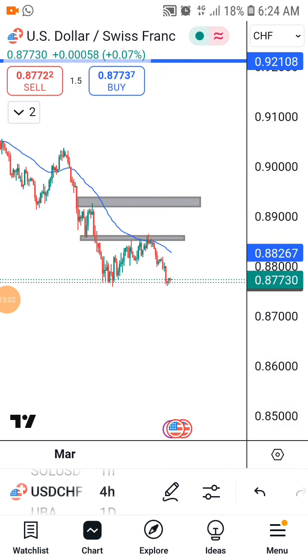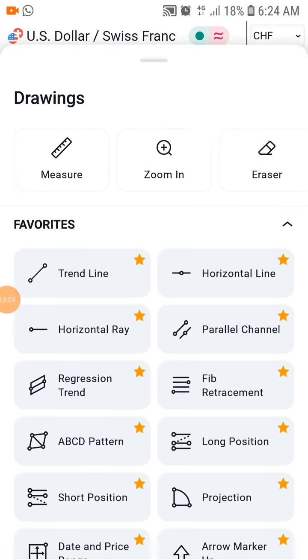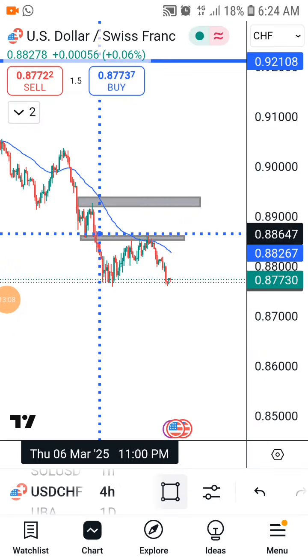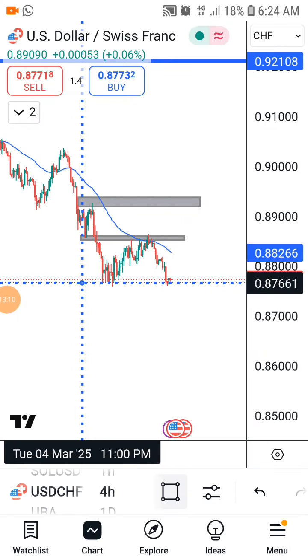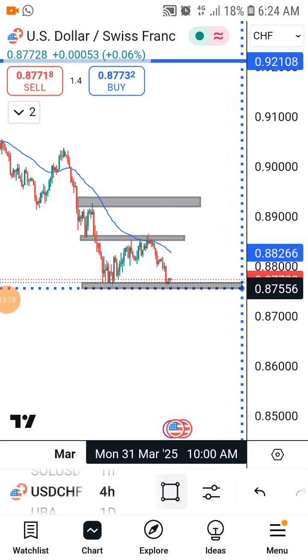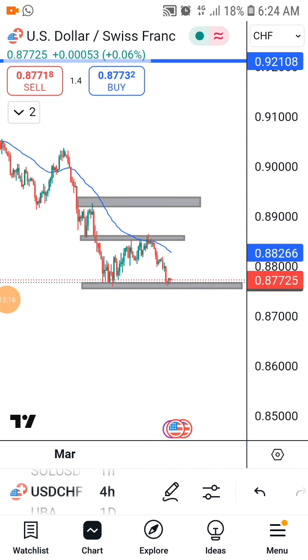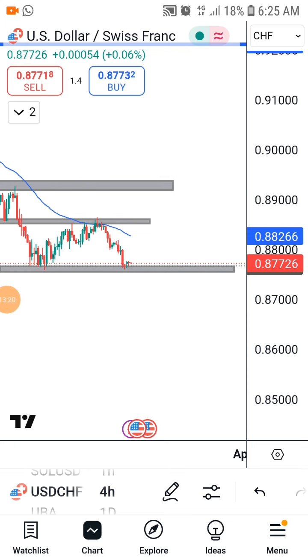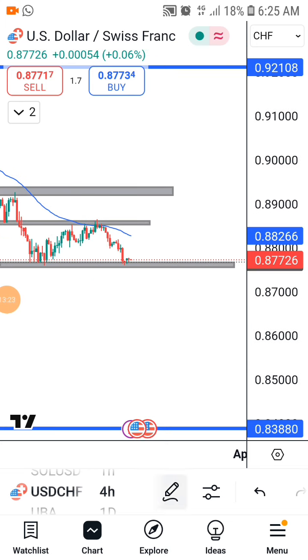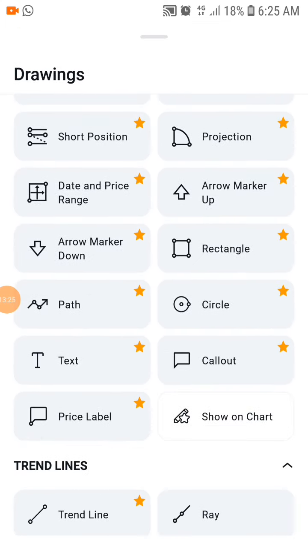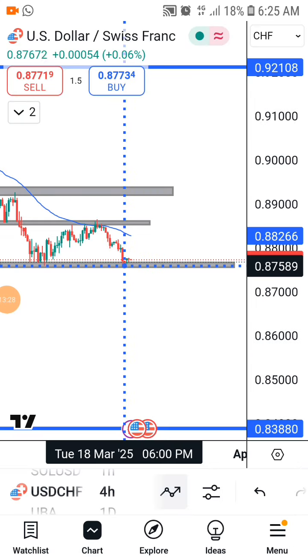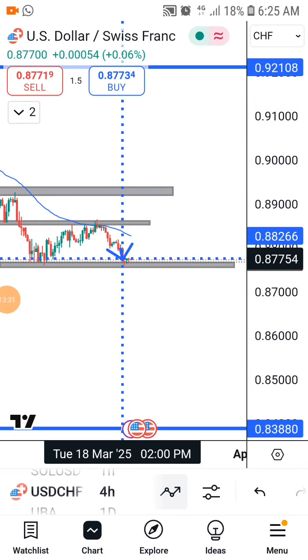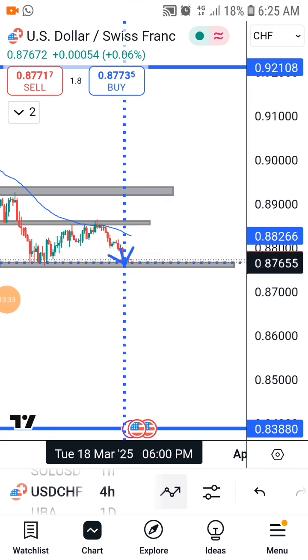Can you see? So currently the market is at this double bottom. This market can actually break, peradventure it can actually break this double bottom all the way here, because it's making a form of retracement here.